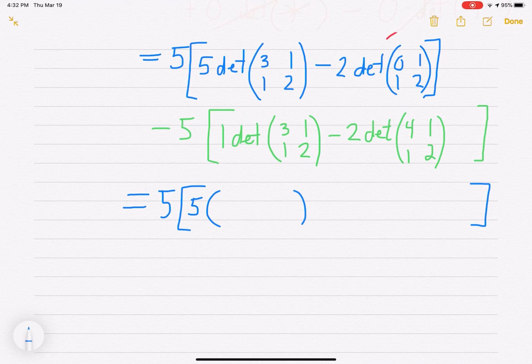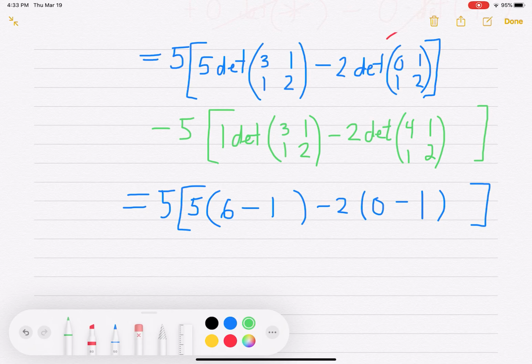Let's multiply down the descending diagonal. 3 times 2 is 6. Minus, up the ascending diagonal, 1 times 1, 1. Then we have minus 2. Now we're going to take the determinant of 0, 1, 1, 2. Multiply down the descending diagonal. 0 times 2 is 0. Minus, up the ascending diagonal, 1 times 1 is 1.